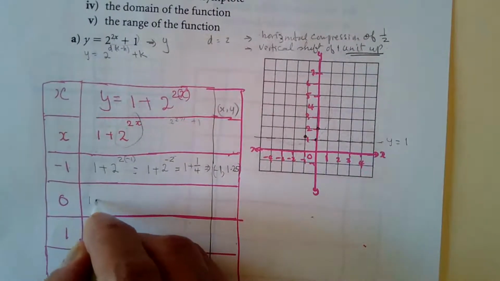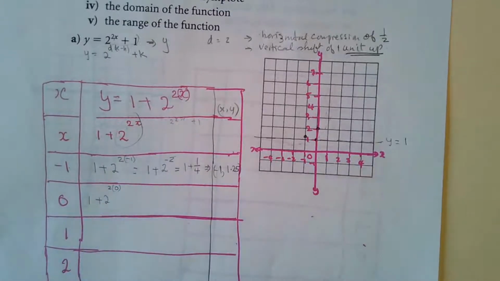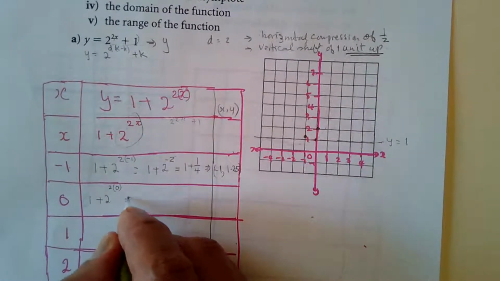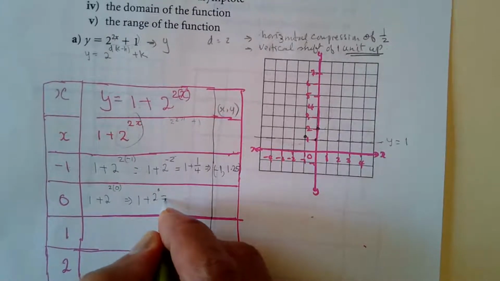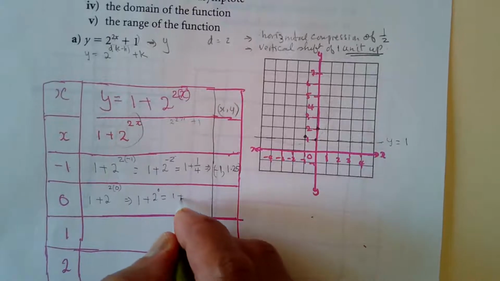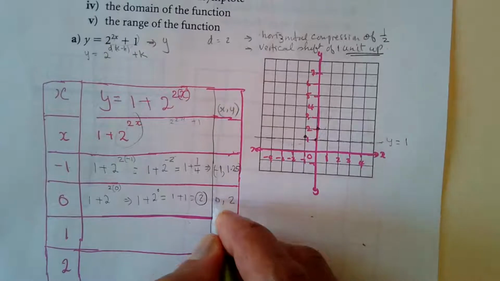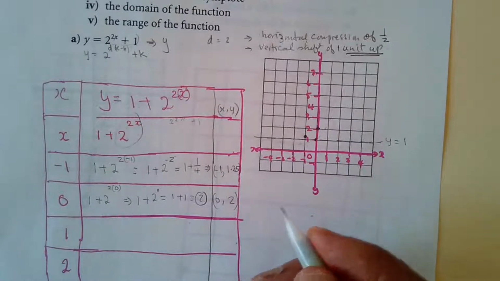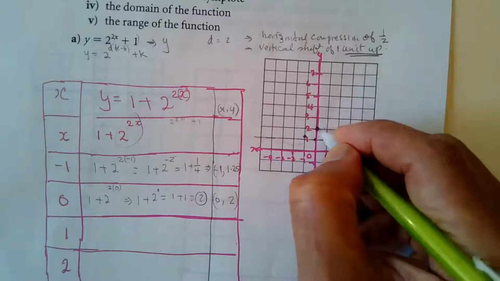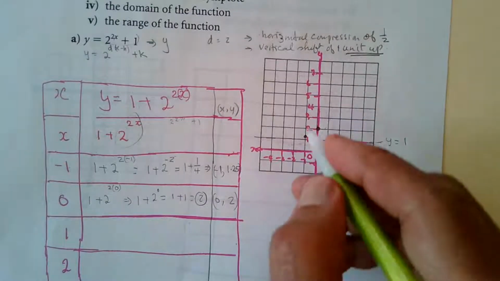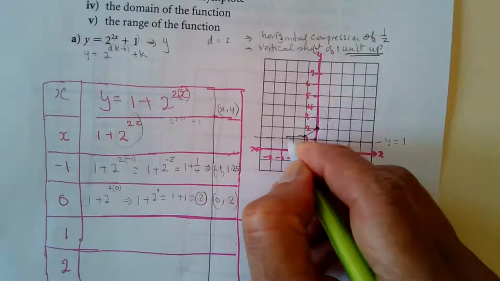The next we have 1 plus 2 to the power 2 times 0, which gives me 1 plus 2 to the power 0, which is 1. 1 plus 1 equals 2. So this is my 0, 2, and that makes sense because that becomes my new y-intercept. So I can connect these points here. So I know this graph is going down this way.